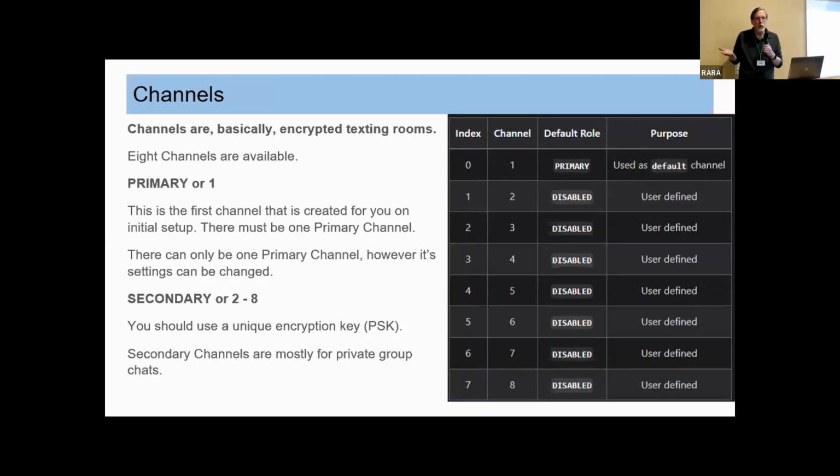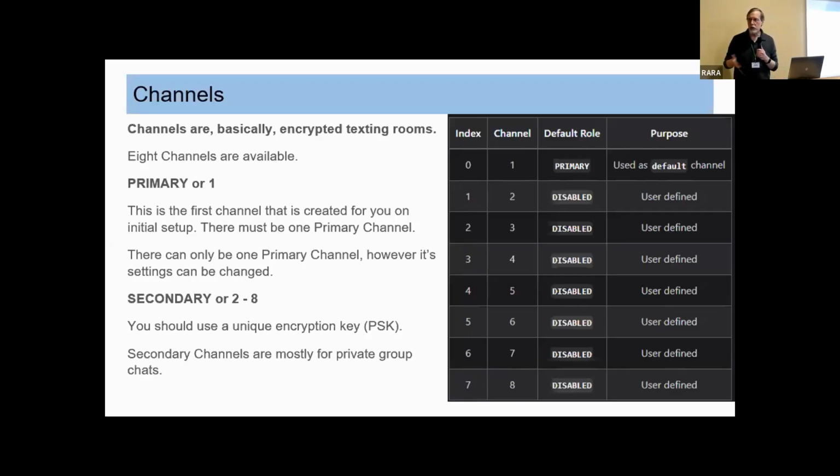But for some reason, I don't want anybody else to be able to look inside my message. Not that it's easy to do anyway, but I'll set up another channel, a secondary channel. Let's say it's the second one, index 0 channel 2.